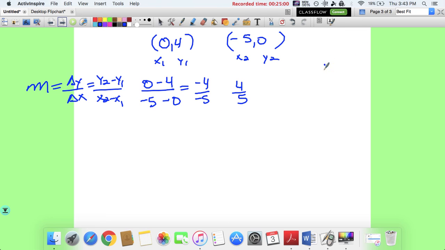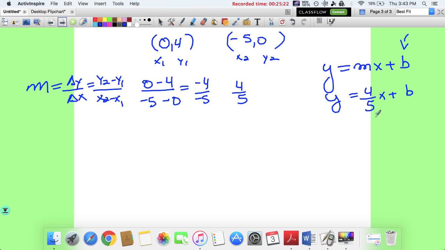So if I take my equation here, mx plus b, I get y equals 4/5 of x plus b. Now I need to find b. Well, if I need to find b, I have to replace the y and x, right? As of now, I have 3 variables, the y, the x, and b.